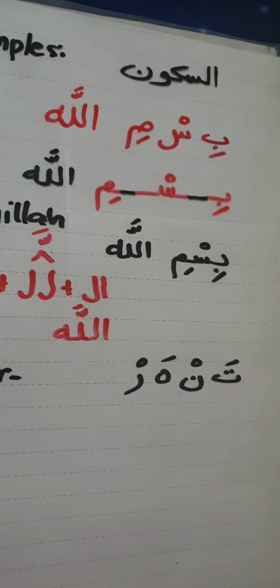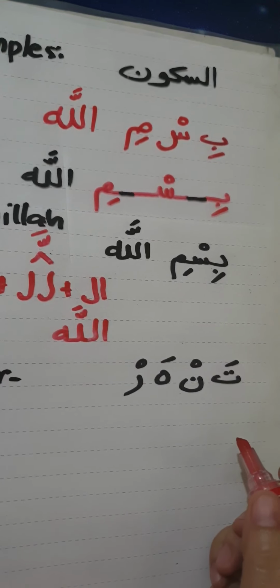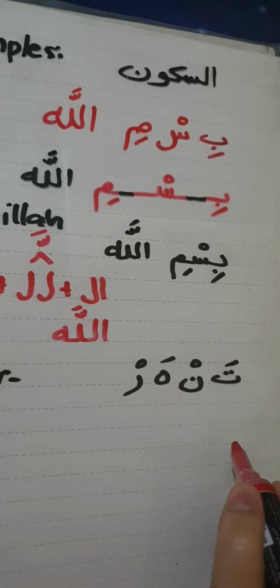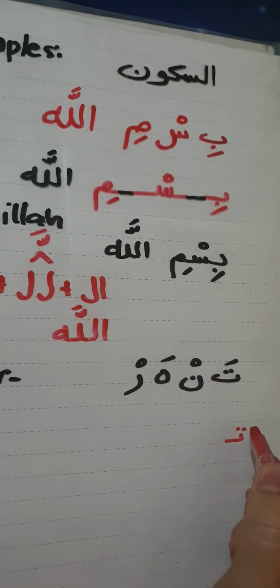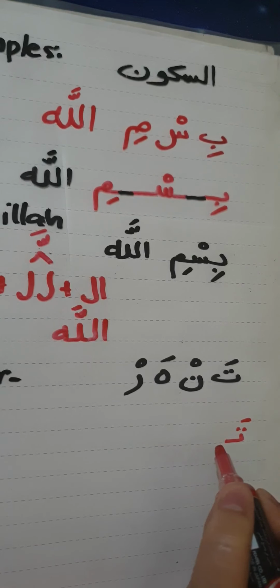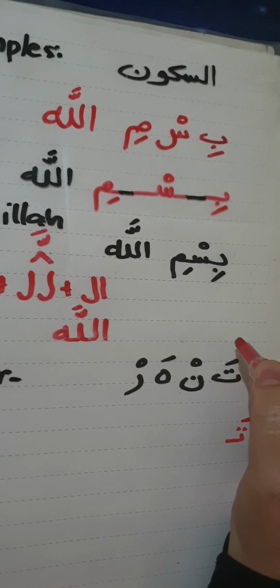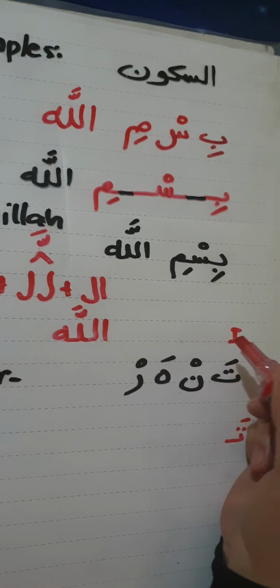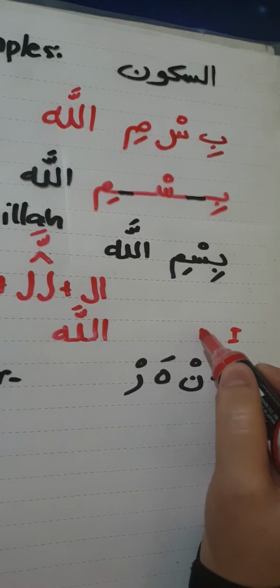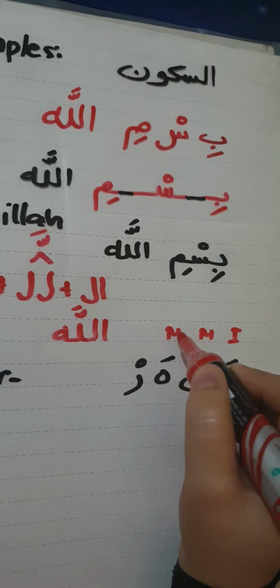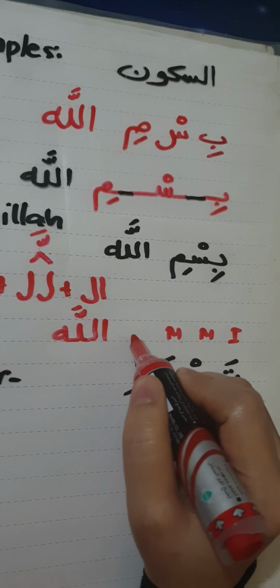So it will be like this: ta in the initial with a fatha, then noon. This will be the initial. This is in the medial, also the ha, and the ra is in the final.